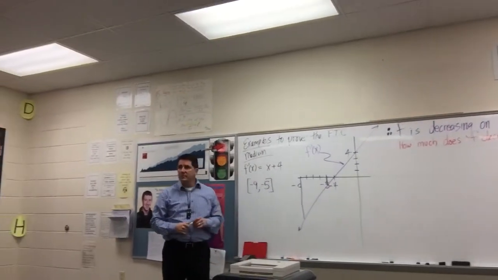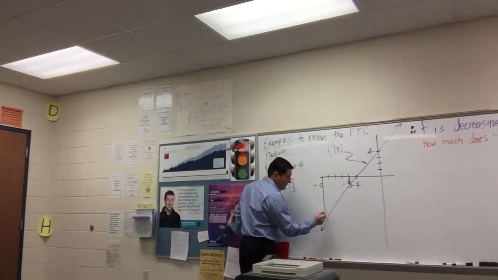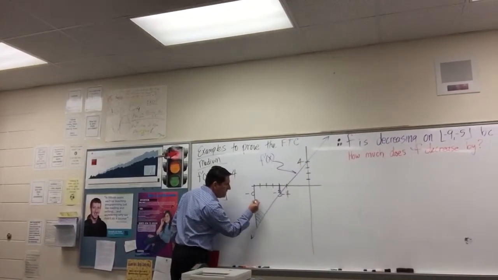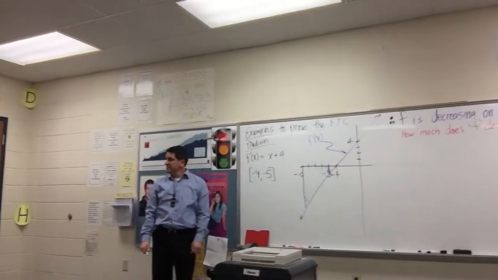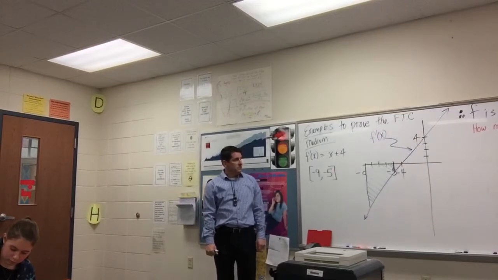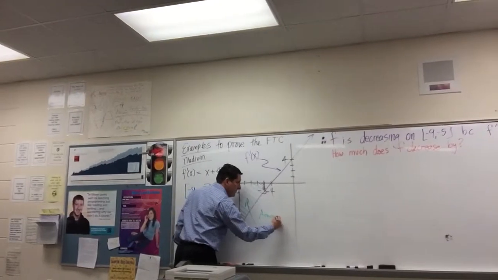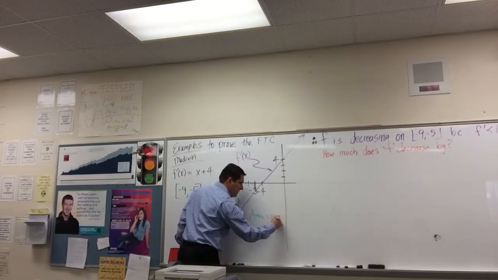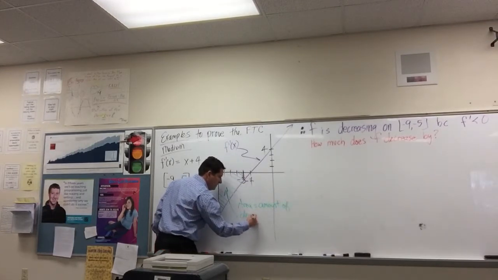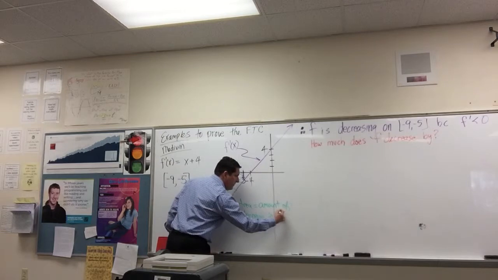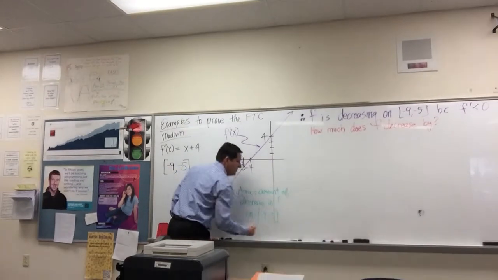That's what I want to know. And where's my answer? My answer is found by finding the area of that shaded region. This answer, the area here, is equal to the amount of decrease in f on the interval from -9 to -5.